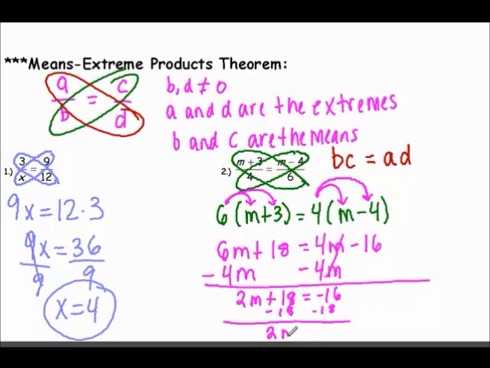I have that 2m equals negative 34. Moving my work up here, I will divide both sides by 2 to get m by itself, and m equals negative 34 divided by 2, or negative 17.